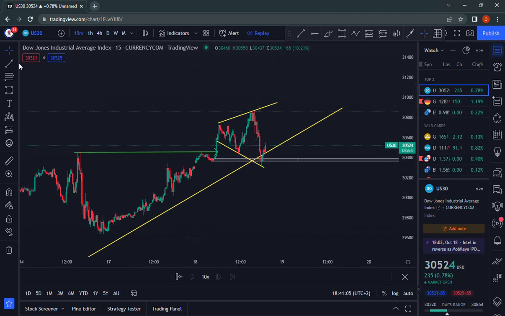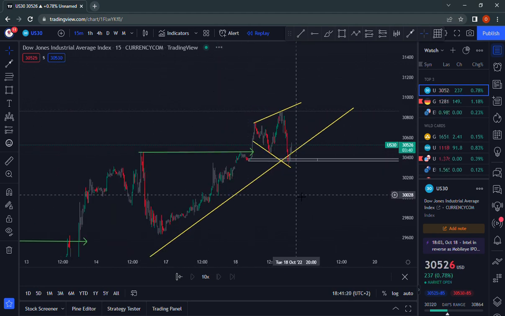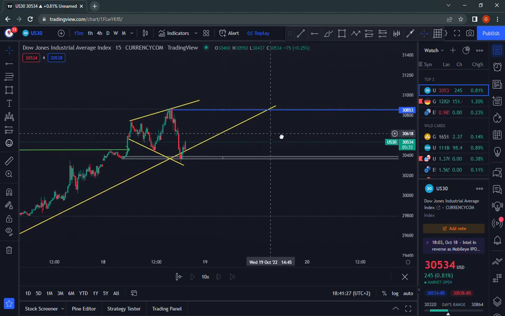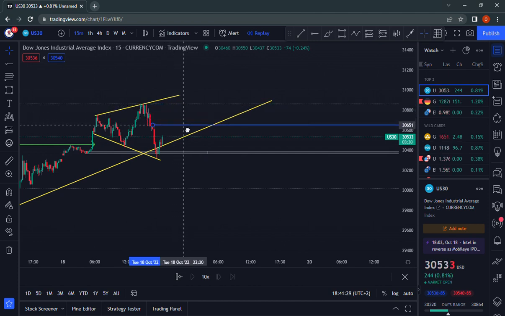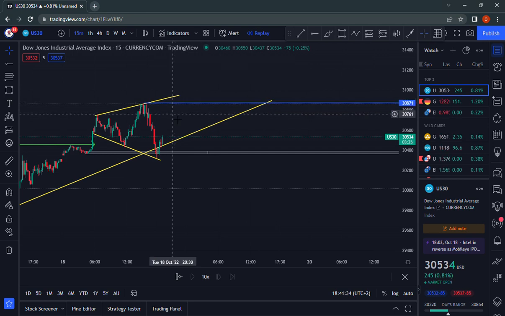So what is happening now? We are buying. So this will be the trade that we'll be waiting for. Obviously our take profits will be here, here, and here at the top. This will be our take profit, this will be our take profit, and then this will be our take profit right there.